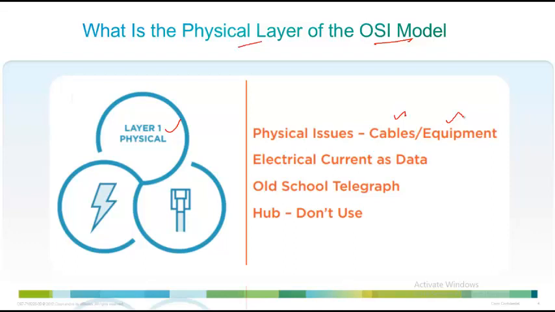Now, how is this data going in between my laptop and your laptop? They're not going in the form of human voice. They go in the form of electric current. The data is sent in the form of electric current.